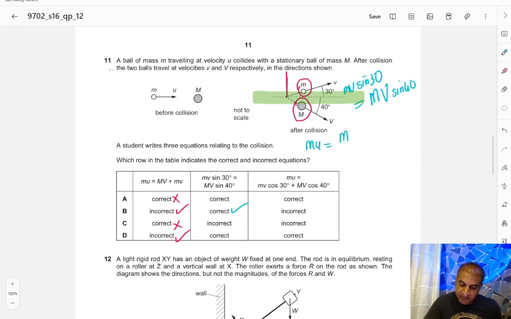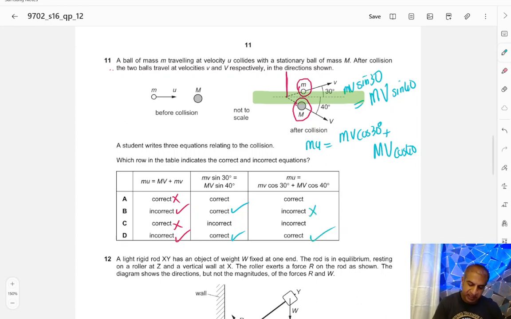So that means mv cosine 30 degrees plus capital M capital V cosine 40. So that means this one is also correct. So this is the correct option. So this is wrong.